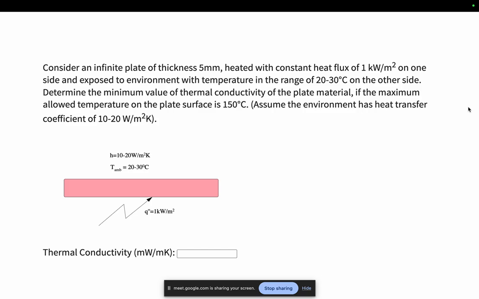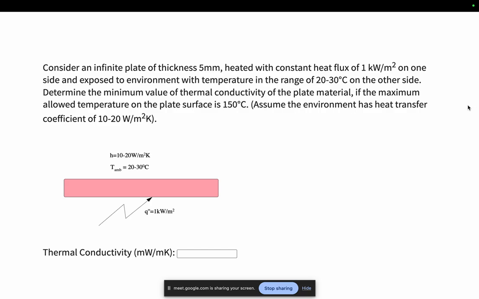If h equals 10 and T infinity equals 20, we get around 166.67. For the second case, we got around 62.5.